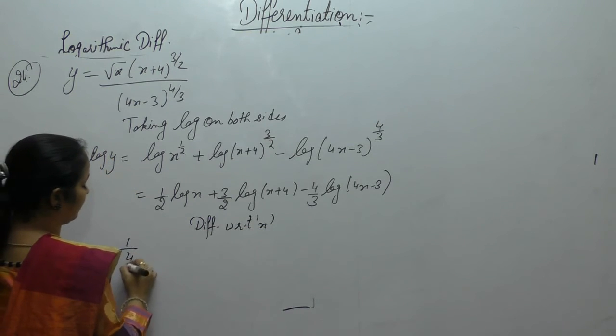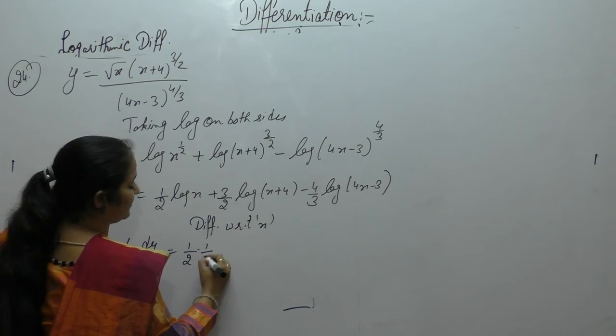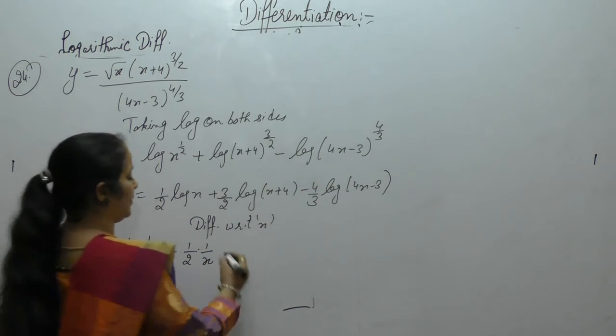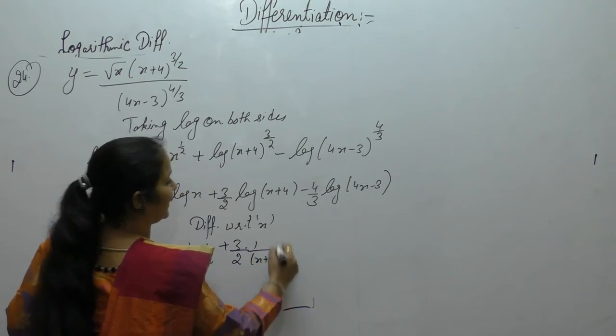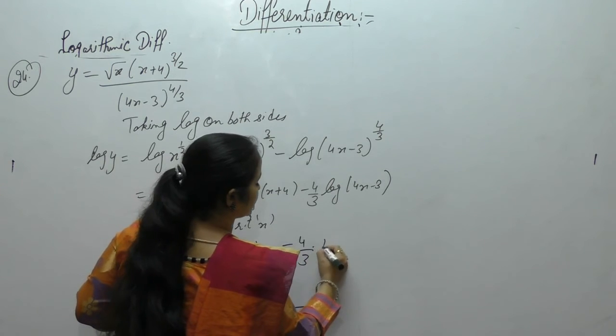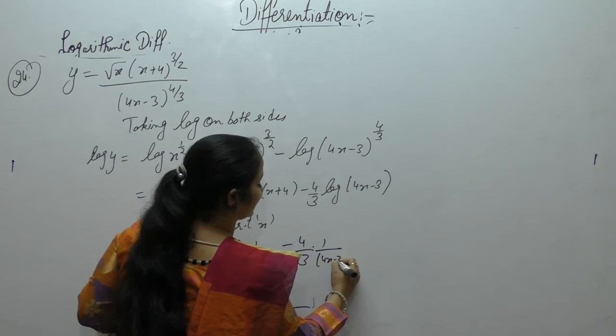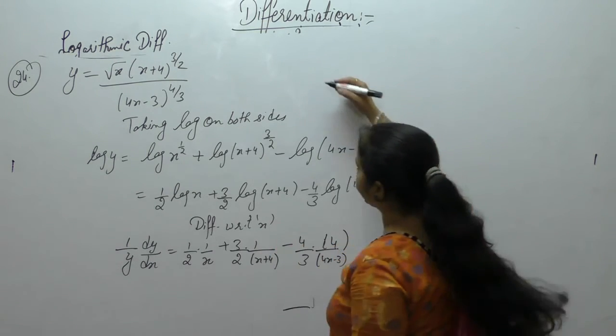Derivative of log of y, 1 upon y dy upon dx, 1 by 2. Derivative of log of x, 1 upon x. Derivative of log of this, derivative of x is 1, 4 is 0. Log of this is 1 upon 4x minus 3. Derivative of 4x is 4 and 3 is 0.